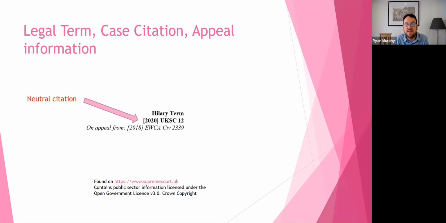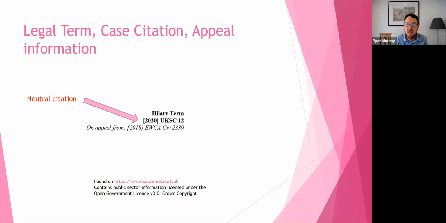If it had been appealed from elsewhere, as we'll come on to see, there are other court identifiers. And then the final number, the number 12 at the end, tells you that this was the 12th case decided or judgment handed down of 2020. So this is the 12th case in the UK Supreme Court in 2020.